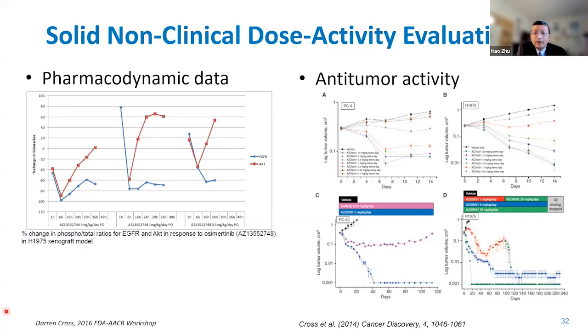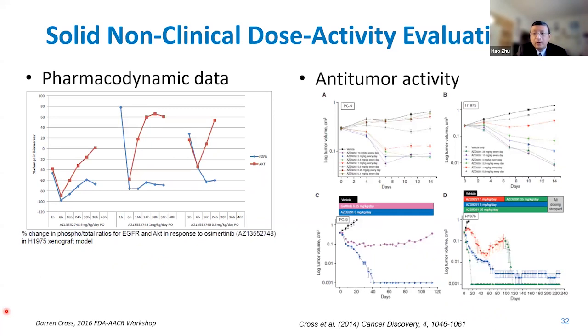Preclinical data demonstrated the suppression of tumor growth at different dose and concentration levels. For example, as you can see in the figures to the right-hand side of the slide, the tumor volume change over time following different doses of osimertinib with the different tumor models. Clearly, there is a dose and exposure response relationship.